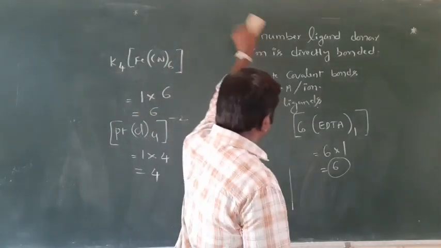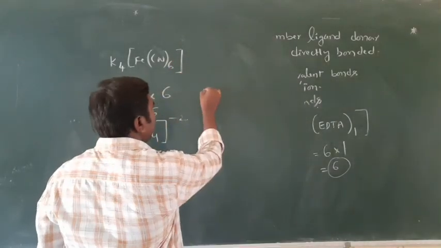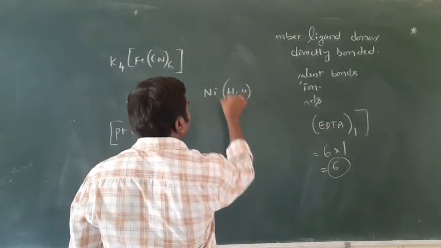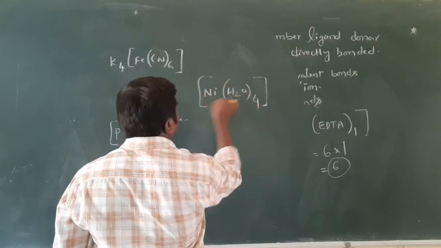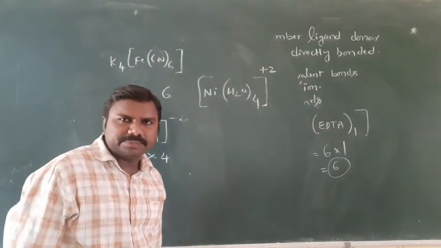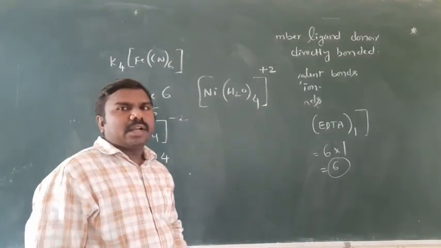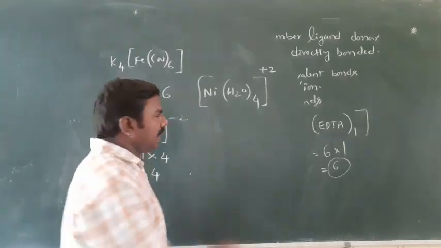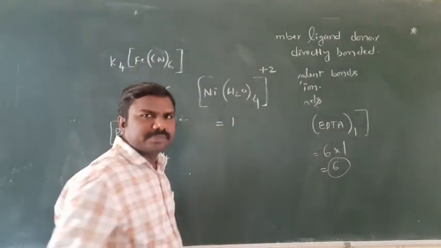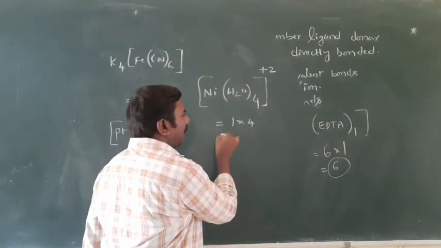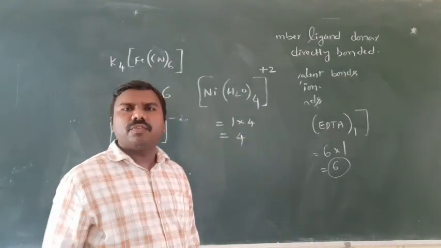Similarly, [Ni(H2O)4]2+. What is the coordination number of nickel? Here ligands are H2O. H2O is a unidentate ligand. Denticity equals 1. Total number of ligands is 4. Again coordination number equals 4.